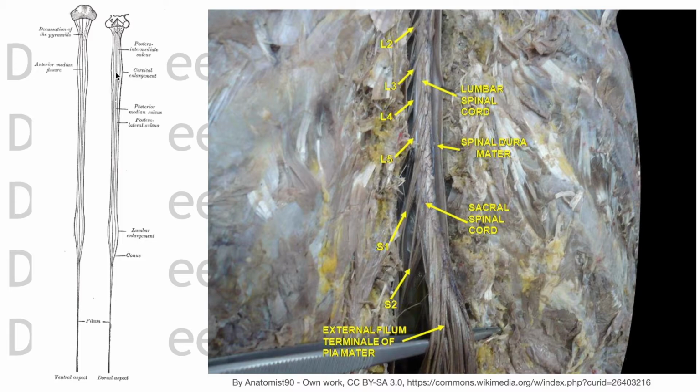The cervical enlargement gives off the brachial plexus, so you need more space for more cells. That's why it's larger than the rest of the spinal cord. And the lumbar enlargement, for the same purpose, is to give space for the lumbosacral plexus.